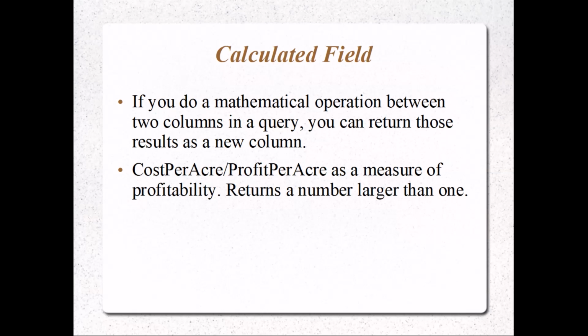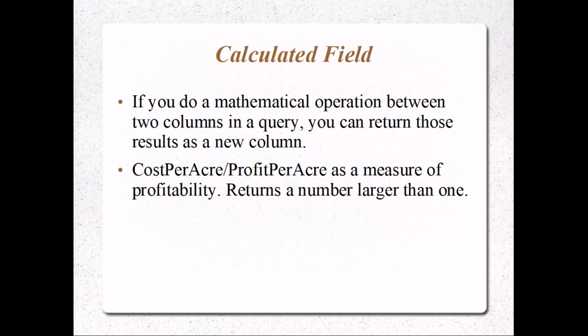Okay, so let's talk about calculated fields. Just like in spreadsheets, if you do a mathematical operation between 2 columns in a query, you can take the result and then put it in another column. So if you perform an operation on 2 values or even 1 value in a record in 1 row or on one part of the row, you can get the result on another part of the row for every row.